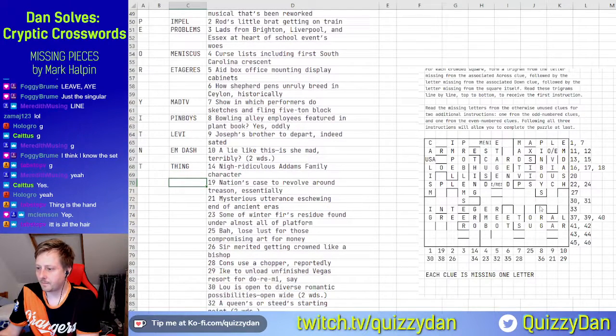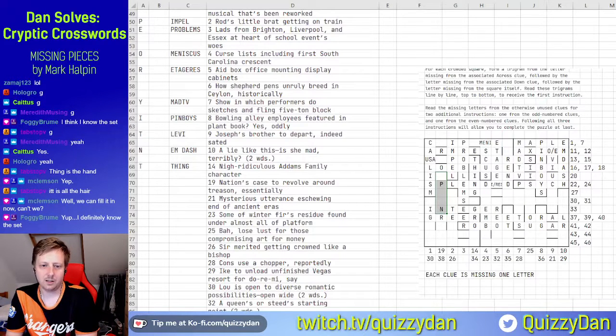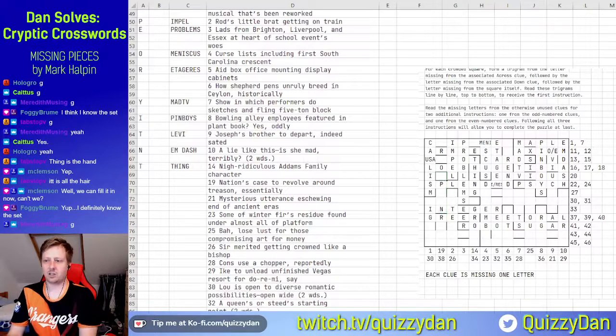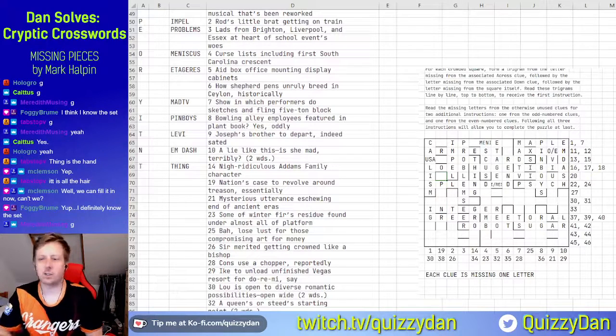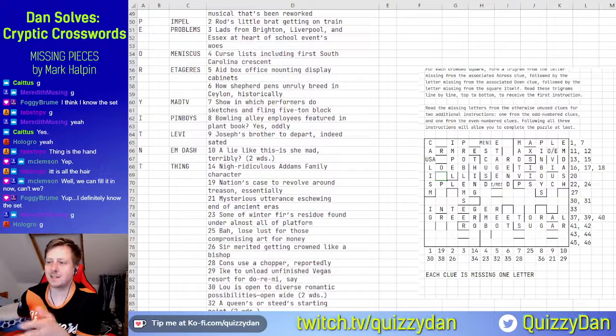19. Here, 5 letters. Hopefully it's spoon. Nation's case to revolve around treason, essentially. Got it! Of course, yes, we've got things with missing letters. I absolutely have no idea what is going on here.